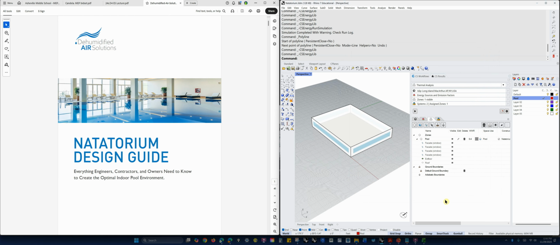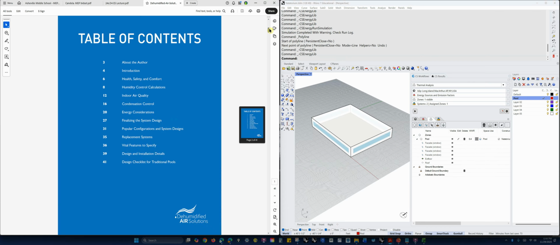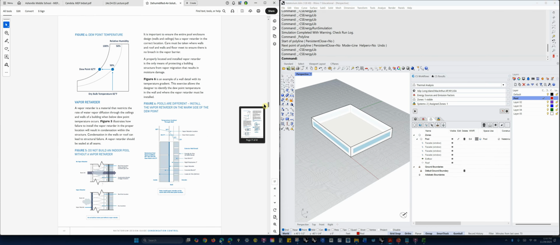Then the final area that we can consider is the mechanical system. One thing that is mentioned that's pretty cool in this document, and there's a lot of stuff in here that we've talked about, and I think these diagrams are really clear.